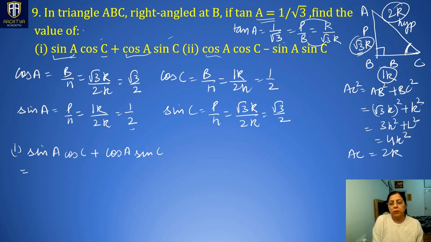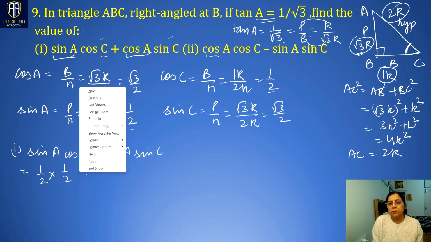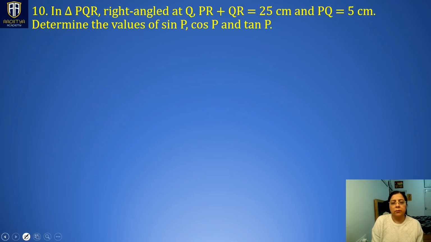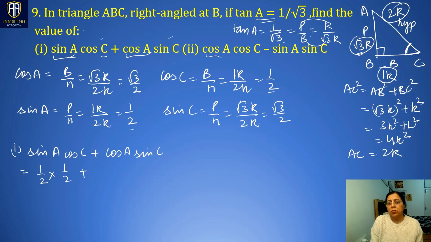Sin A is 1 by 2 multiplied by cos of C, which is 1 by 2, plus cos of A sin of C. Cos of A is root 3 by 2, multiplied by sin of C, root 3 by 2. So here we have 1 by 4 plus root 3 into root 3 is 3 by 4, which is 4 by 4, that is 1.